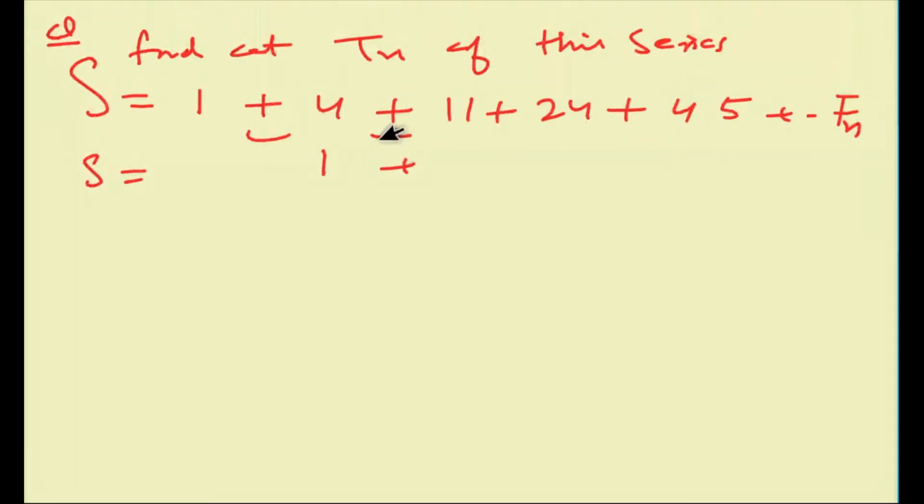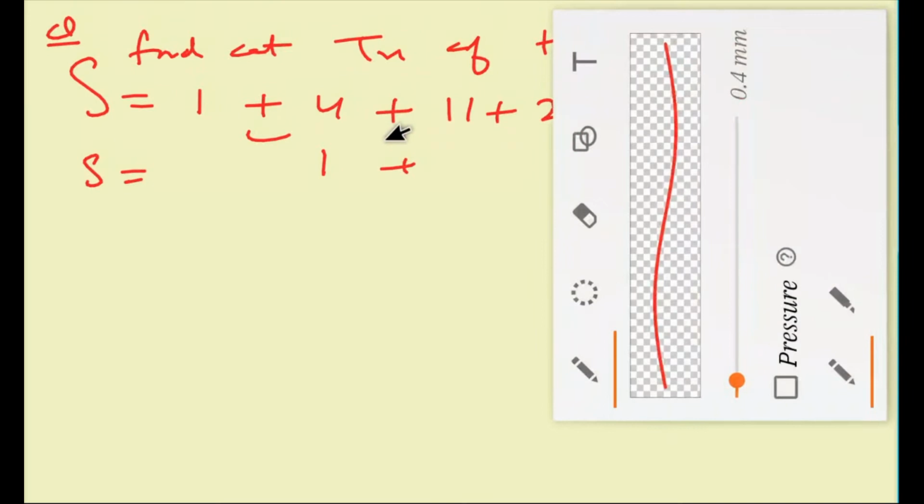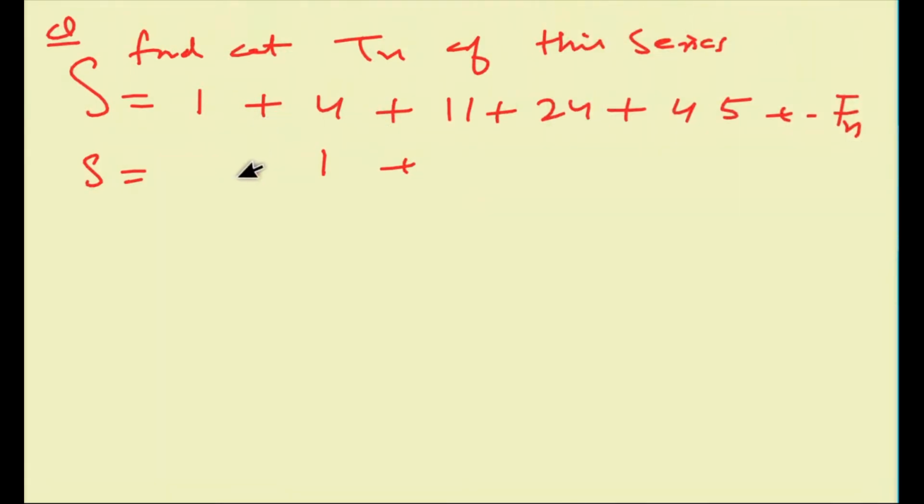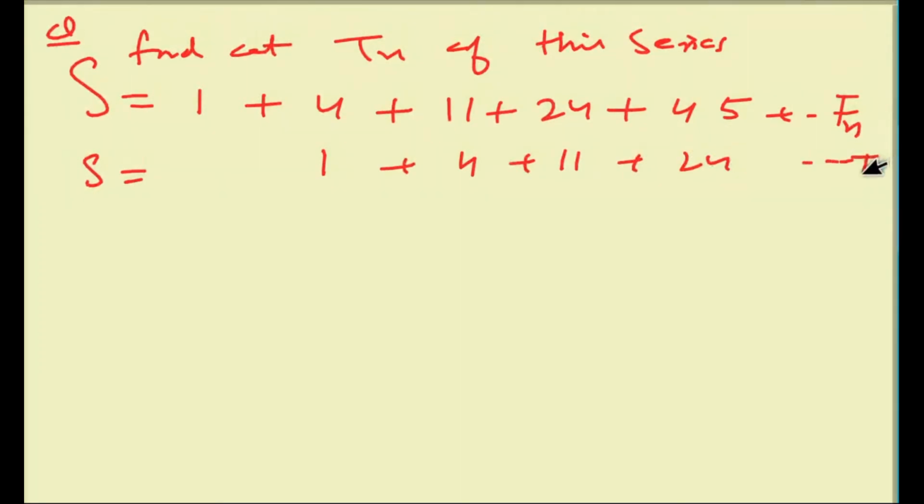So we are getting 11 minus 4, and so we get here Tn.